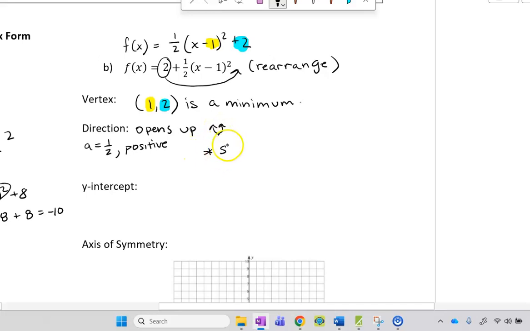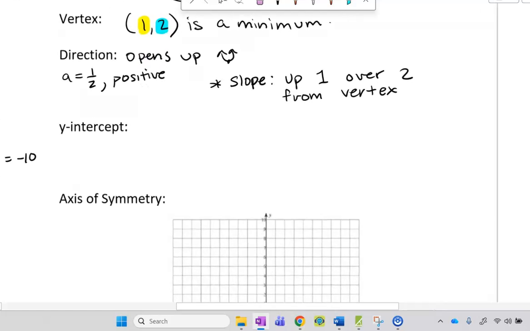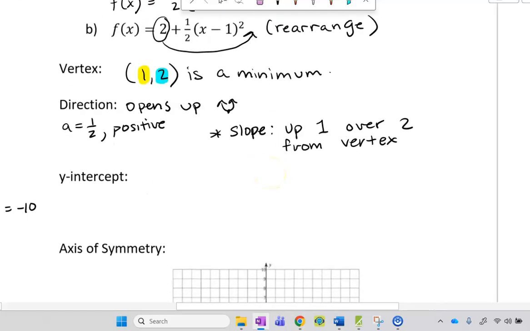Before I move on, I'm going to make a little note that my slope here is 1/2, so it's up 1 over 2 from the vertex. And I know it goes up 1 over 2 because it's positive. If it were negative, it'd go down 1 over 2, but we go up 1 over 2 to get 2 points. Y-intercept: I'm going to plug in a 0 for my x value.